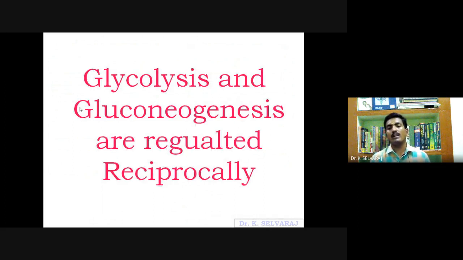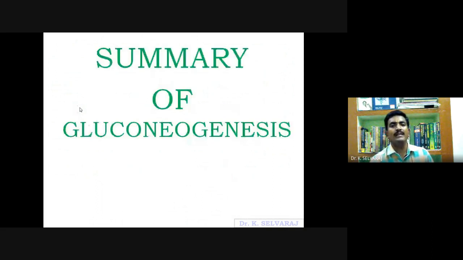Both are regulated by many enzymes, for example fructose phosphate kinase and fructose 1,6-bisphosphatase. These enzymes regulate whether we undergo glycolysis or gluconeogenesis, depending on the molecules present in the cell.